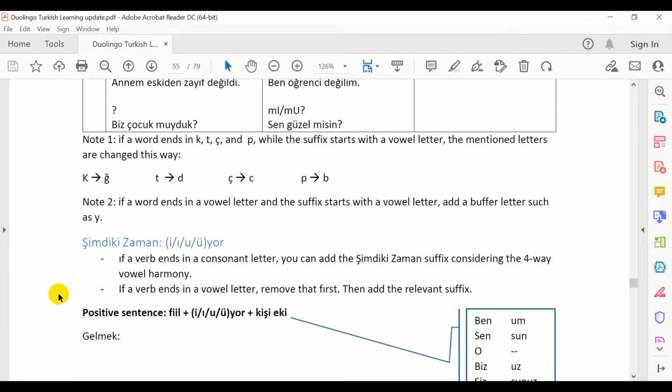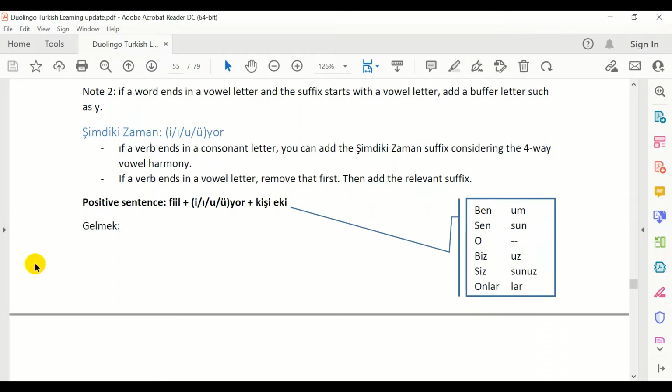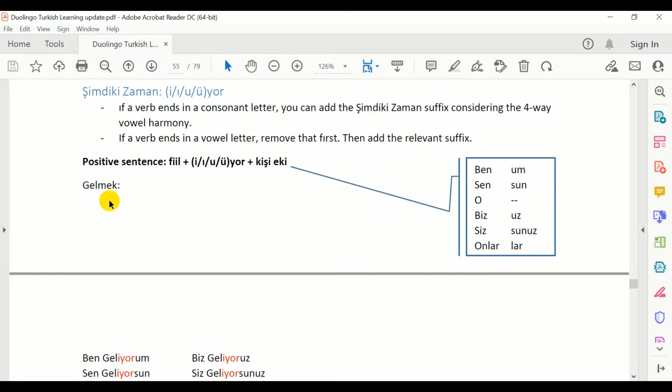And now let's study different types of sentences, different structures. First of all, positive sentences. A positive sentence with Şimdiki Zaman is very easy because you're only adding this suffix after the verb.